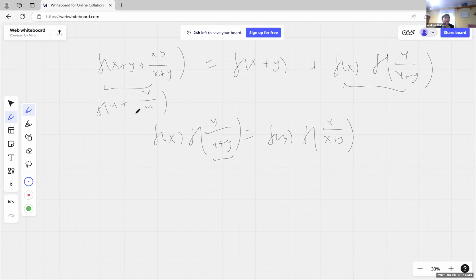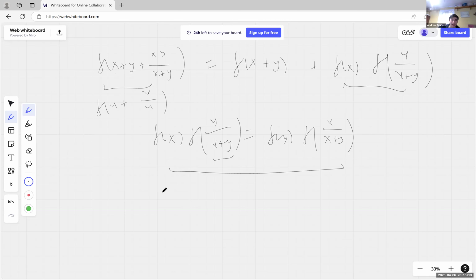The issue is that because of the AM-GM inequality, you can't have any two values of x, y, and x plus y. This ends up giving you something very useful.